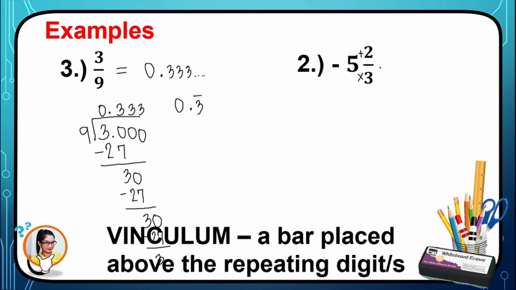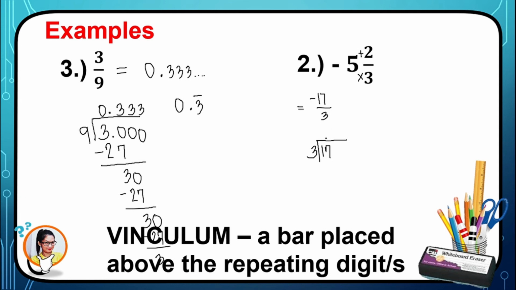So -5 and 2/3 will be equivalent to -17/3. So how did we get this again? 3 times 5, 15. Plus 2 is 17. So we'll have here negative 17 over 3.